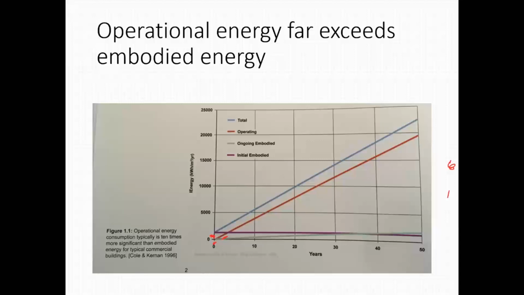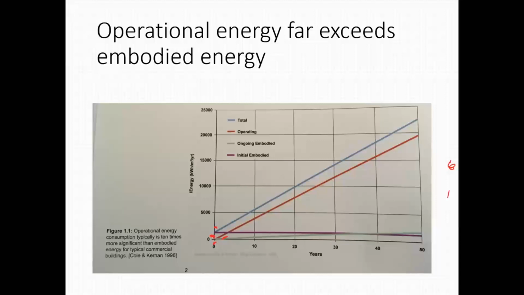With that being said, this data is from 1996 and probably represents a building with lower performance values than what we think of now as a benchmark, or a standard building. If we were to look at a modern building, the overall energy might be a little bit higher.